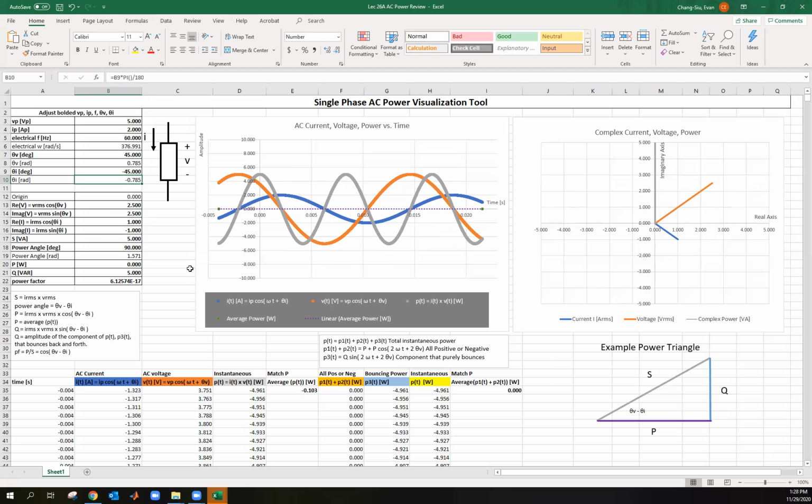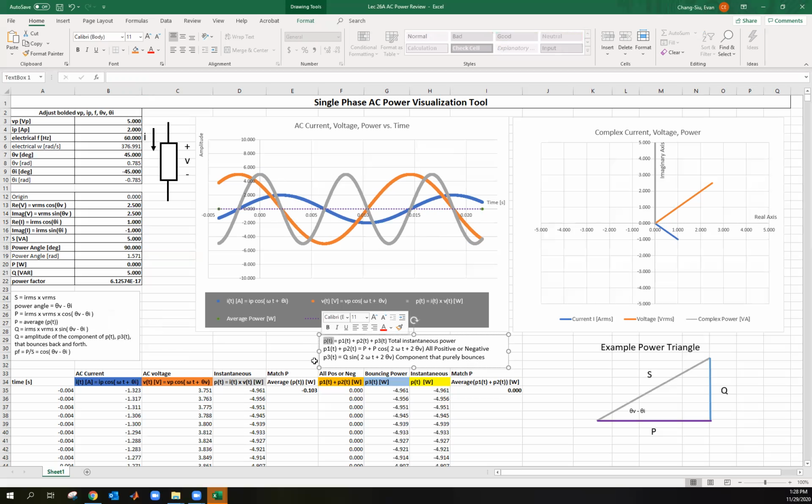Now, the last thing I want to look at is the Q, right? What is Q again? Q is the amplitude of the component of the instantaneous power that bounces back and forth. And remember, that component of the instantaneous power is this P3 guy. Let's look over here. I actually have it all laid out.